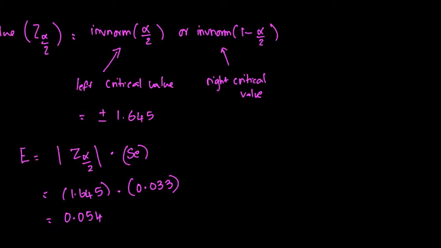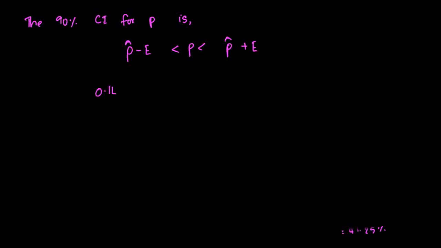So now that we have the margin of error and P hat, that interval is easy to find. So the 90% CI for P is: P will be between P hat minus E and P hat plus E. We know P hat is 0.1428. So 0.1428 minus 0.054 less than P less than 0.1428 plus 0.054.